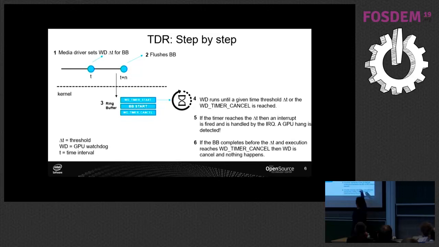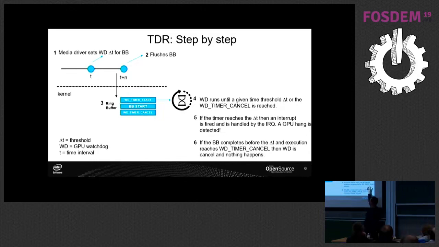It is set by the media driver, and that will start ticking. If the timer reaches the threshold, right, so it goes from 50 milliseconds down to 0, when it reaches 0, an interrupt gets fired, and then it gets handled by our IRQ handler. And at that point, we've detected a GPU hang.